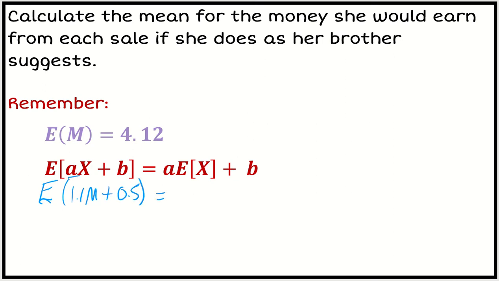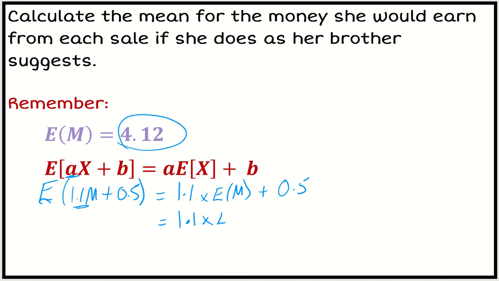My A value is the number in front of M, so that's 1.1 times the expected value of M, and the B value is the 50 cents that I'm adding on, so 0.5. So 1.1 times 4.12 plus 0.5, and that gives us an expected value of this new linear combination of $5.03.